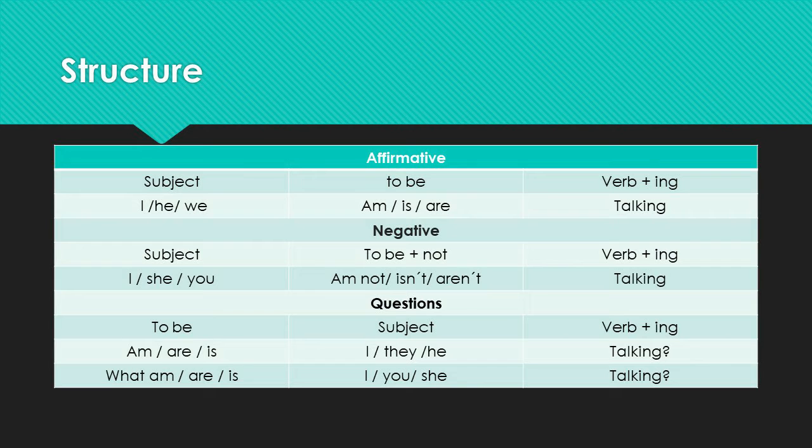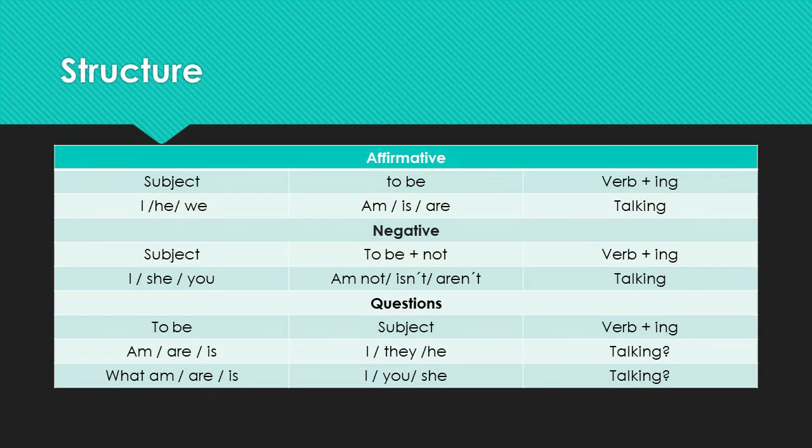First, you just need to remember that we use am for I, is for he, she, and it, and are for you, we, and they, right? So please don't forget it.